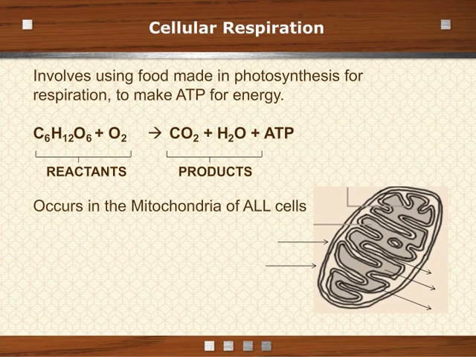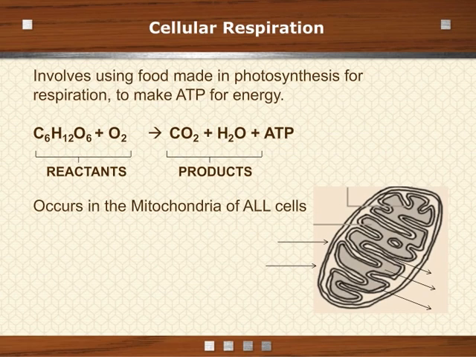The equation is again written for you, and it is essential that you memorize it. But pay close attention to the equation. It is essentially the opposite of photosynthesis, with just a couple of changes.